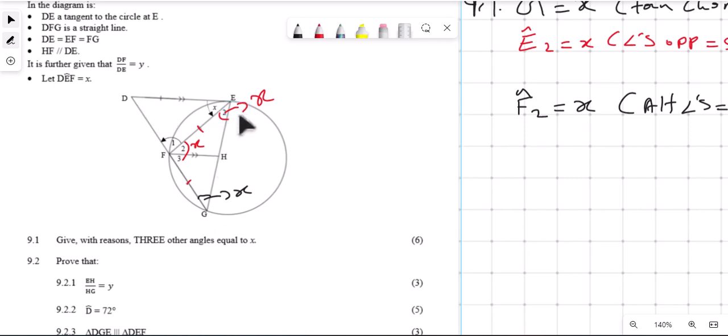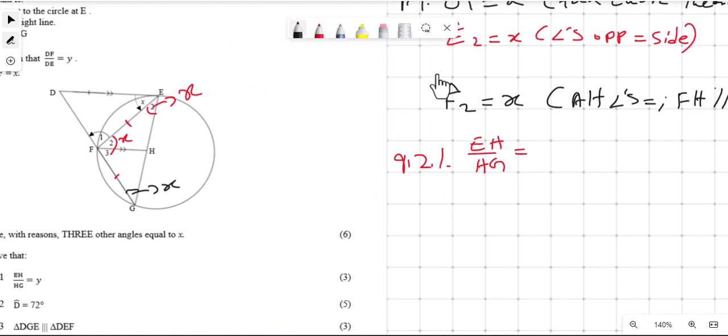Oh, I thought we were using the statement that's on the top. No, we are doing the proportionality. You know the proportionality theorem. Yes, 9.2.1. Step number 1: EH over HG is the same as DF over FG.